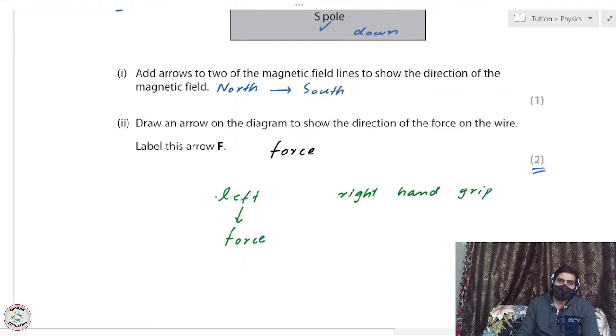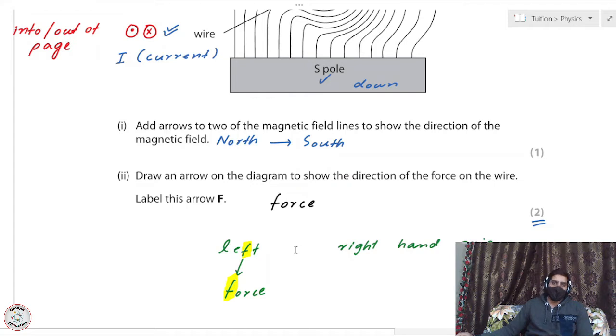So the left hand rule is the one which can be used to find the direction of force, because you get F in left, you get F in force. So you can keep this trick in your mind. We don't use the right hand grip rule, that is used for other purposes. Left hand rule is used for finding the direction of force acting on a conductor which is placed in a magnetic field.